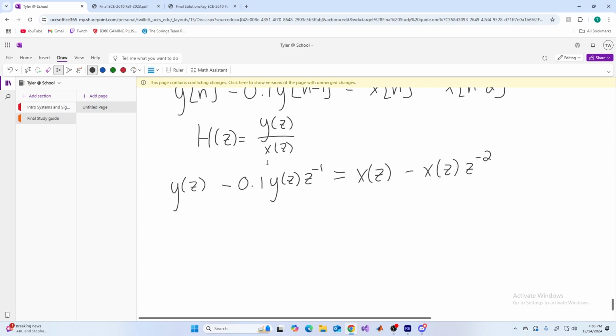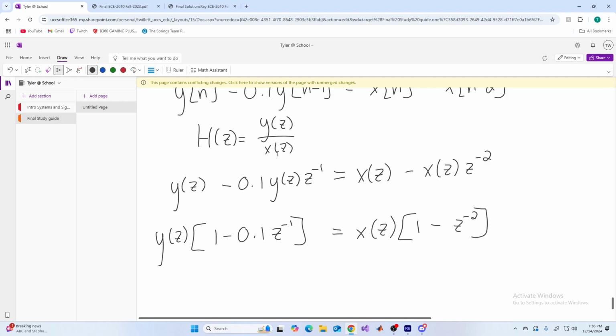Perfect. So I'm going to factor out a y sub z and factor out an x sub z. So you'll see that here. y sub z, 1 minus 0.1 z to the negative 1 equals x sub z, 1 minus z to the negative 2. Perfect.